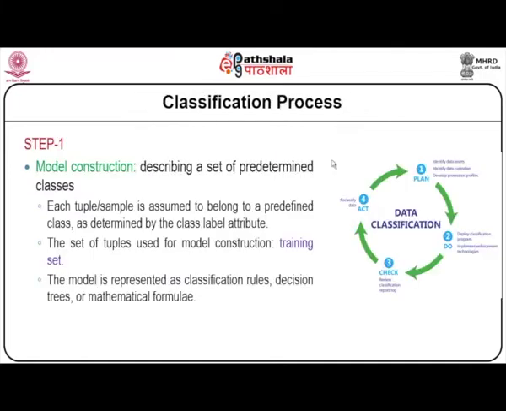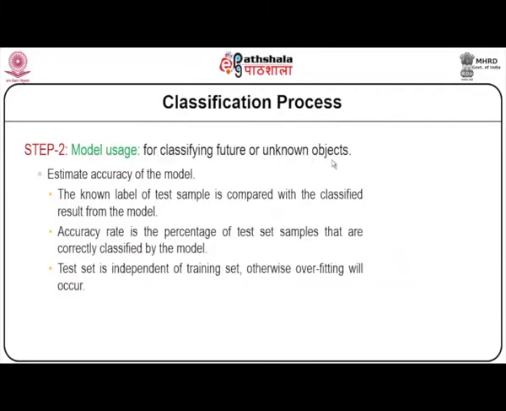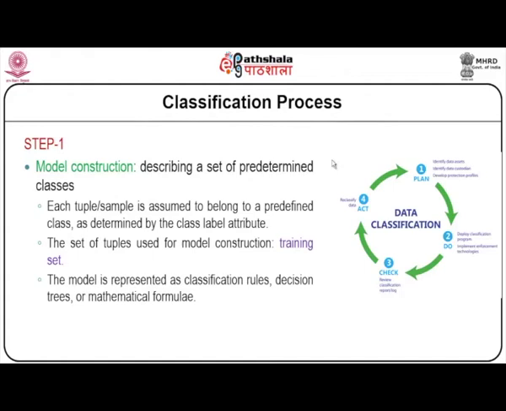Looking at the process of classification, classification is a twofold process. In step 1, we will try constructing the model, and in step 2 we try using the model. Model construction basically refers to creation of a training set where, as per the PDCA principle, which is plan, do, check and act, we might have to flow through a few possible processes, thereby we can construct a model.